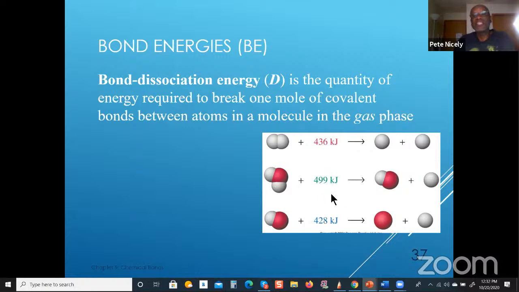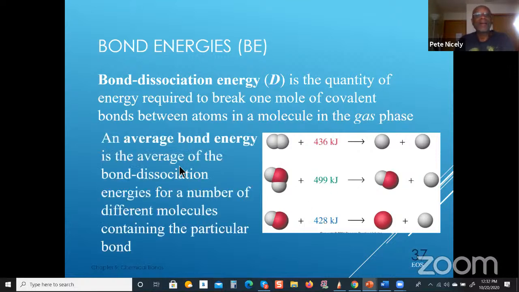The amount of energy needed to break one of the bonds is 499 kilojoules, all right? And then to break the other bond is 428 kilojoules, right? So as you can see, the strength of the bond as measured by the bond dissociation energy is dependent on other factors. In other words, other atoms being present or absent in that molecule, all right?